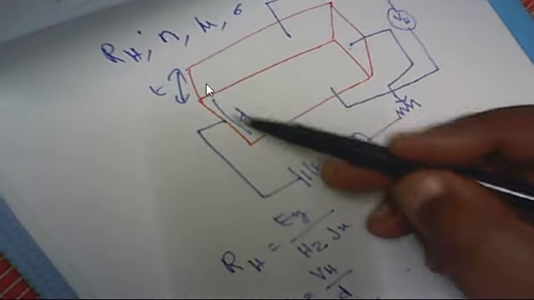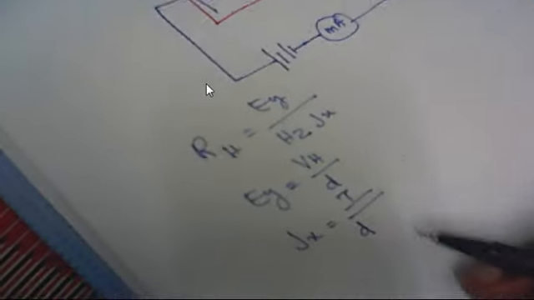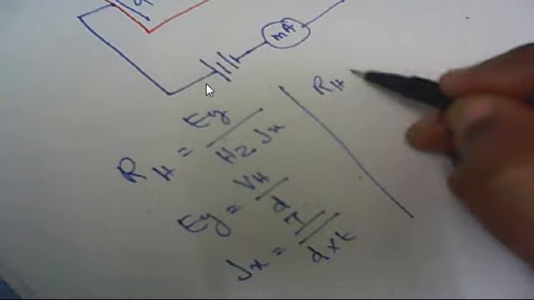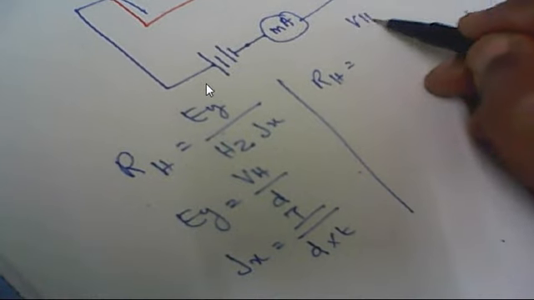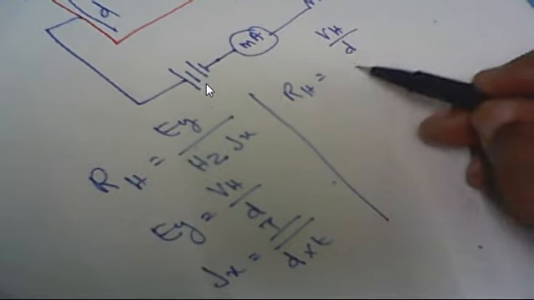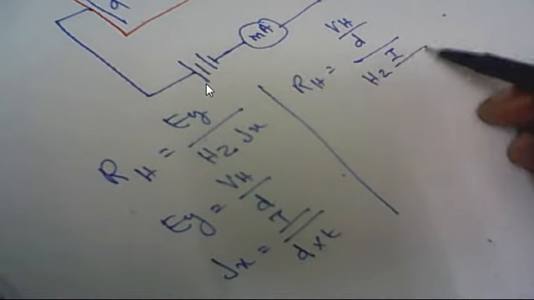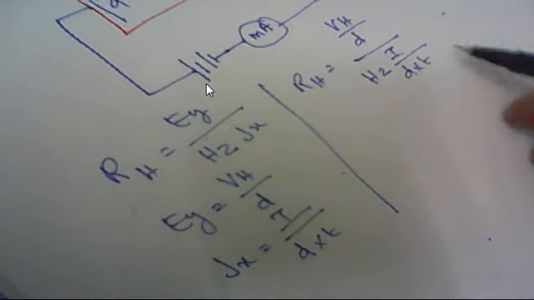The area here is the cross-sectional area, that is the width and the thickness, d into t. So substituting the values in the Hall coefficient, we have R_H equal to V_H by d divided by Hz I by d into t.